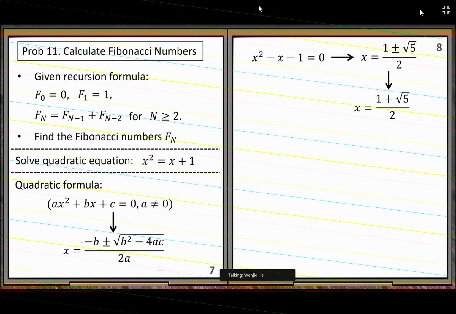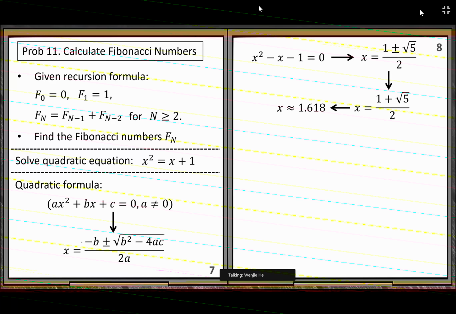In order to emphasize the importance of this special number, people call it the golden ratio.